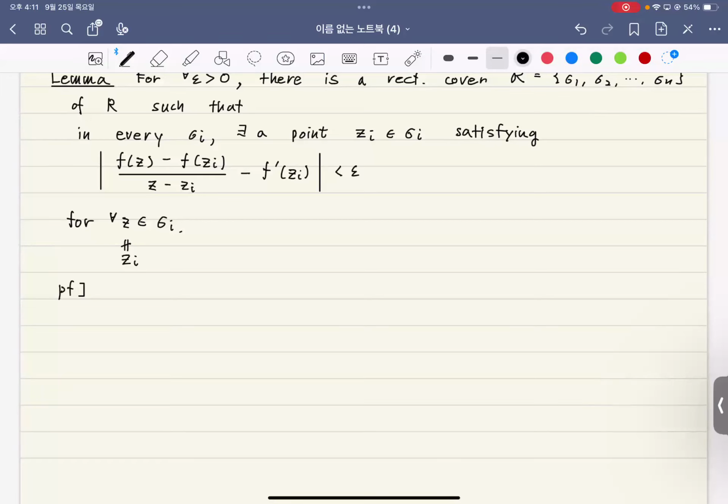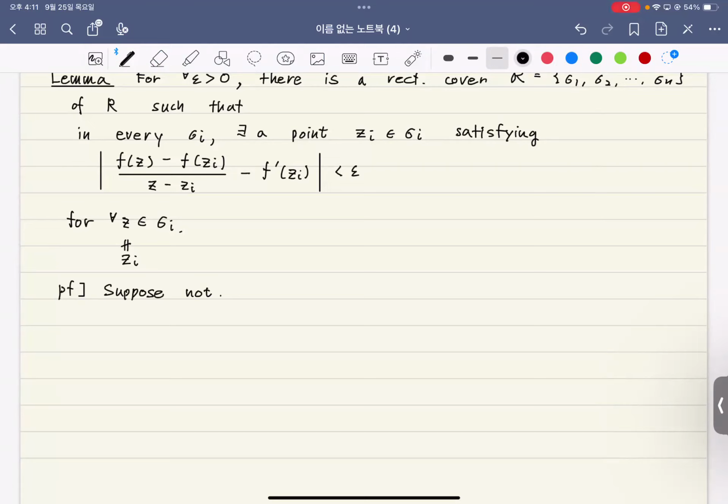I'm going to prove this by contradiction. Suppose not. That means I have to negate the statement given by the lemma. So what does it mean?